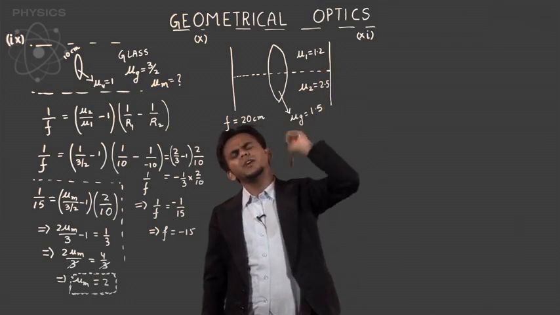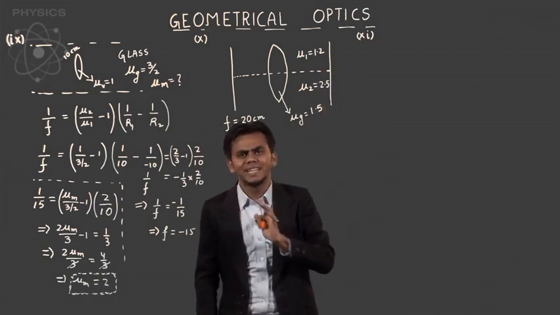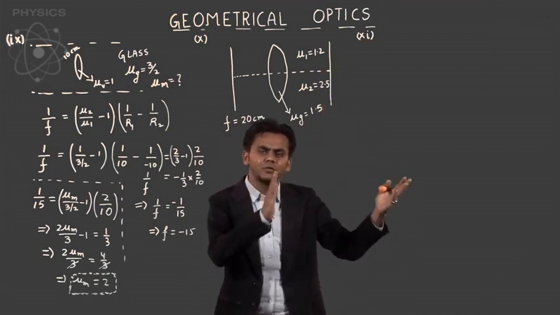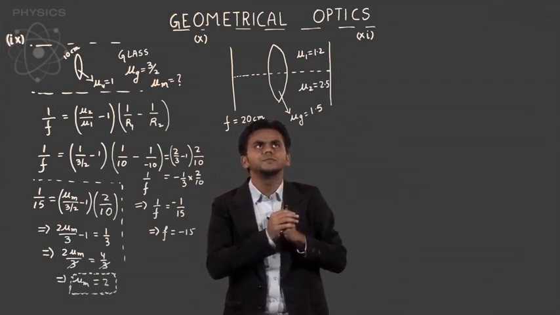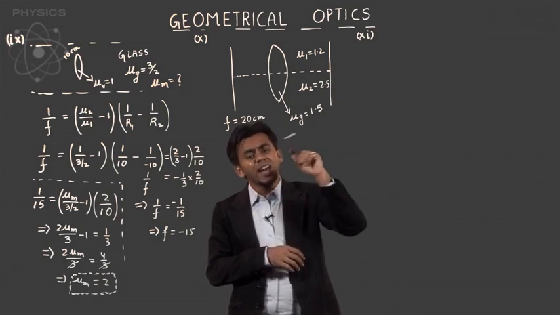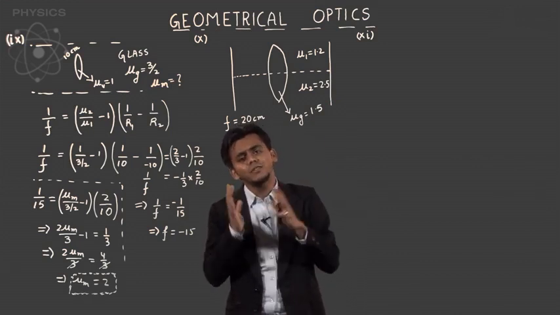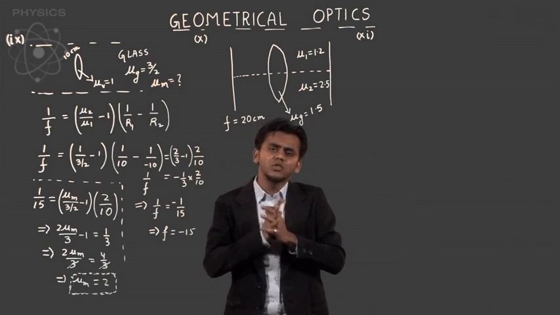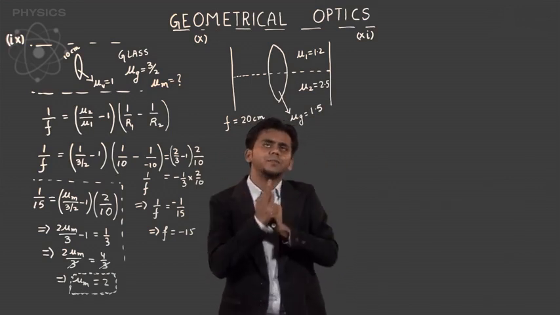Because of 1.2, I'll have a converging lens perfectly fine. Towards the right side of the lens, I will form an image. But because of this 2.5, it is greater than 1.5. So I won't have a converging lens, I'll have a diverging lens. So my image in that situation would be not to the right but to the left hand side, right?